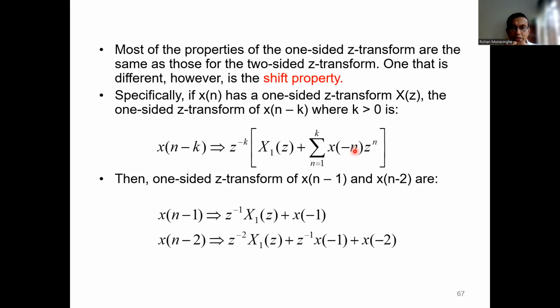We call them initial conditions. Okay, right. So don't worry too much about these minus k here, plus n here, and so on. When you work out an example, it will come very, very clear. And always, z to the minus power is the time position, the position of the sample.